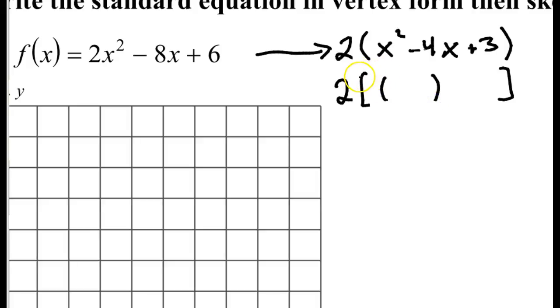You take half of b, which is negative 4, so that's going to be 2. And 2 squared is 4, and to get to 3, we just subtract 1. So I came up with 1 because 2 squared is 4, and 4 minus 1 equals 3. Keep it all equal.